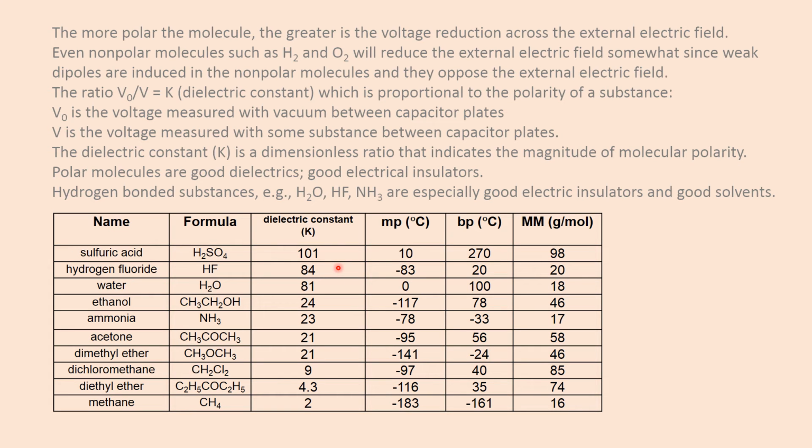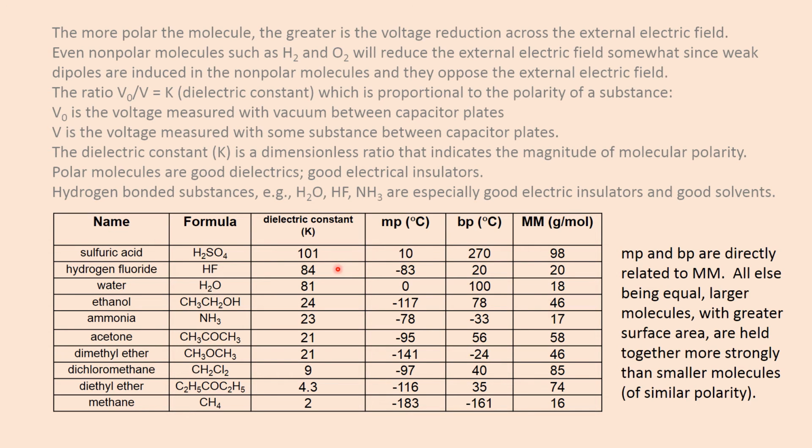Now, one other factor that affects melting points and boiling points is molar mass. So melting point and boiling point directly relate to molar mass. All else being equal, larger molecules with greater surface area are held together more strongly than small molecules of similar polarity. So let's look at that. For example, here I have dimethyl ether and acetone, both with dielectric constants of 21, so similar polarity.